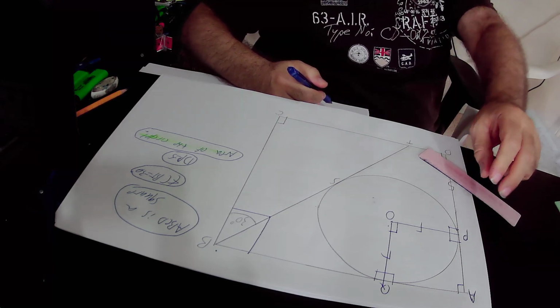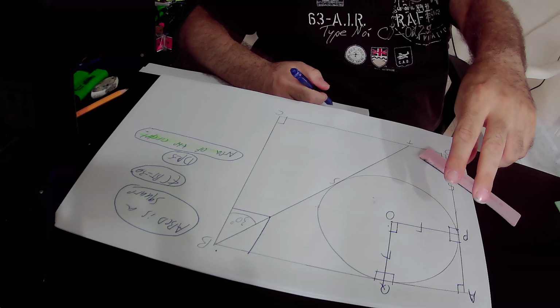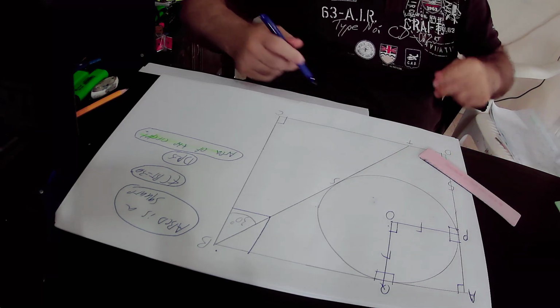So we found out that inside quadrilateral AQPO we have 4 right angles.